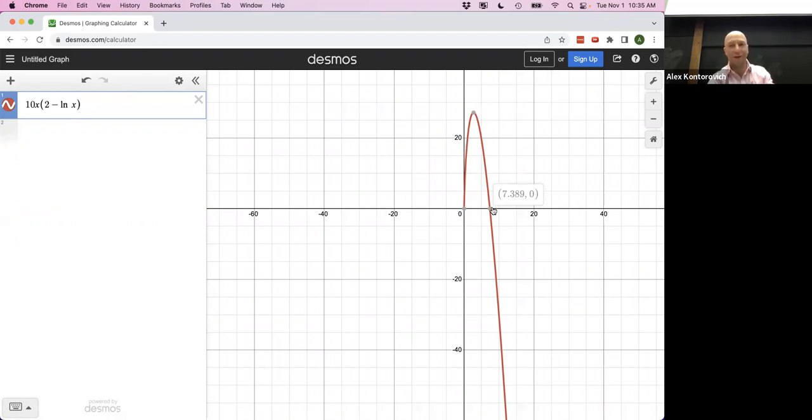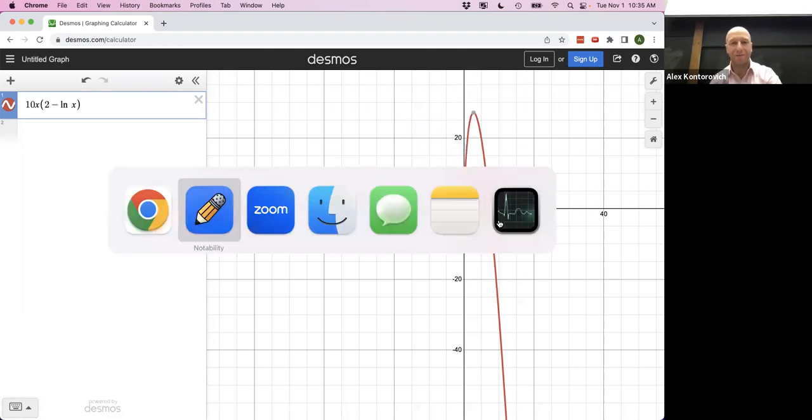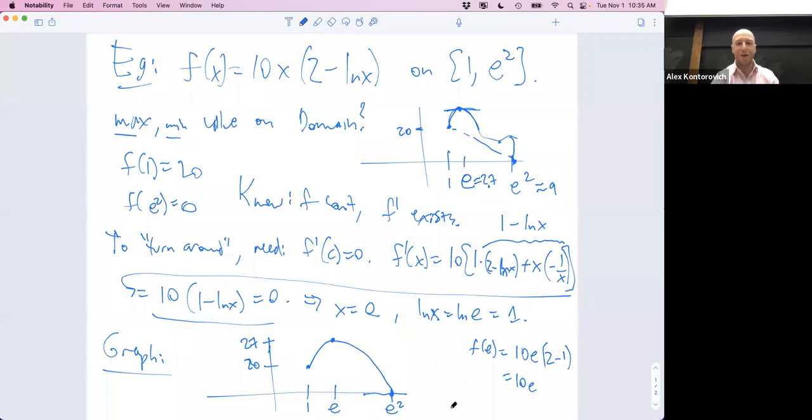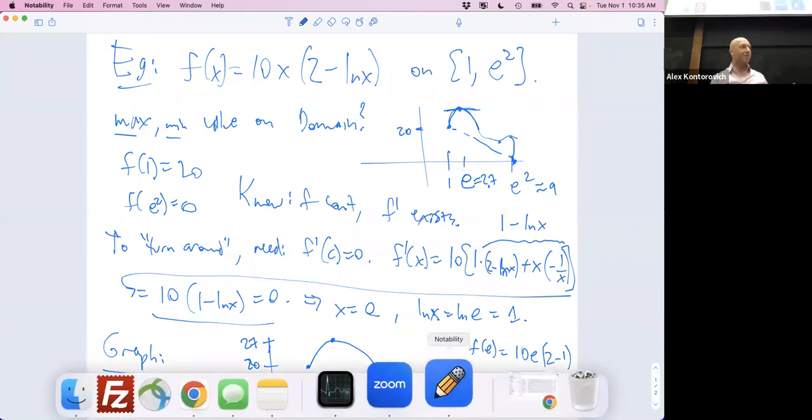Okay, it is what it is. Doesn't quite make sense, does it? What's e? Isn't e 2.7, 2.7 squared? Anyway, all right, so it's 7 something. So here's the graph. And that is basically the graph that we came up with our bare hands. Okay, that's the power of calculus.